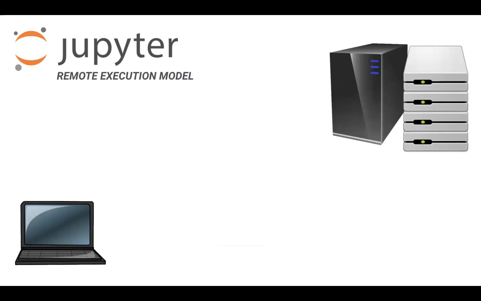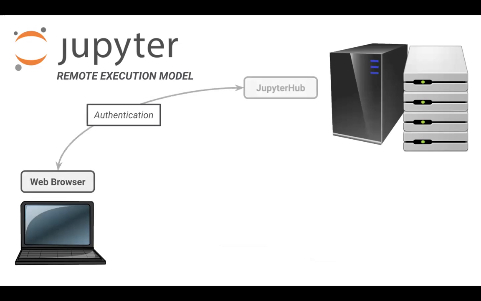In the remote execution model, which I'll remind you is not what we're going to be doing today, you start off in your web browser. You point your web browser to a URL that points to a JupyterHub. And on that JupyterHub, you authenticate on the remote system.